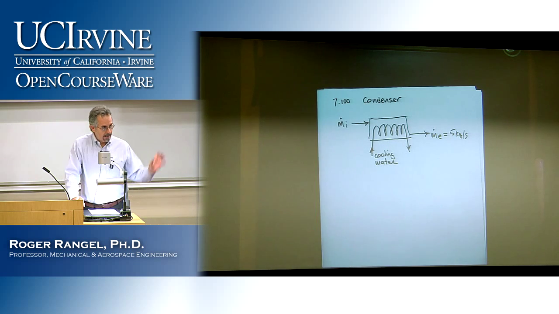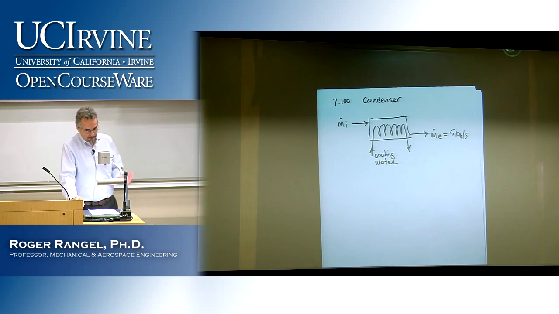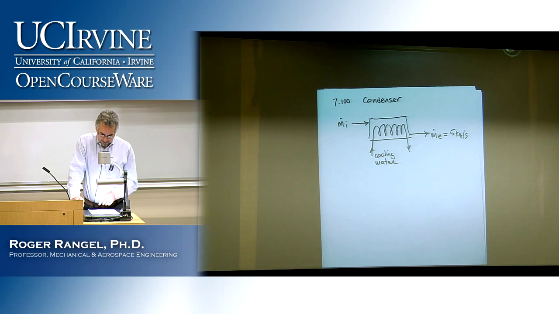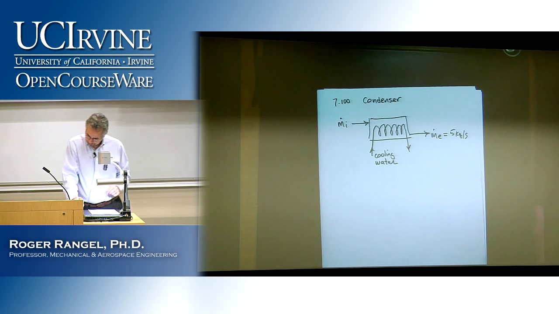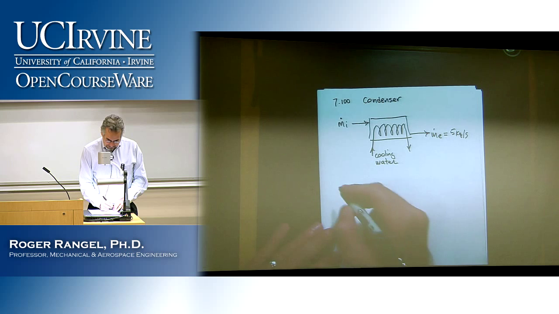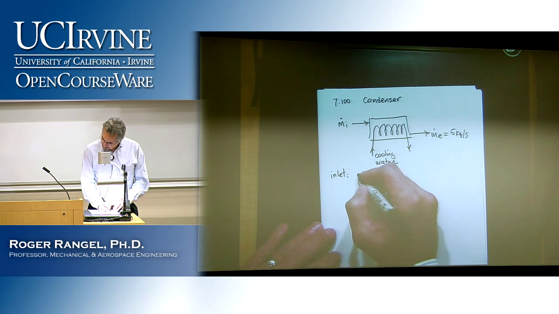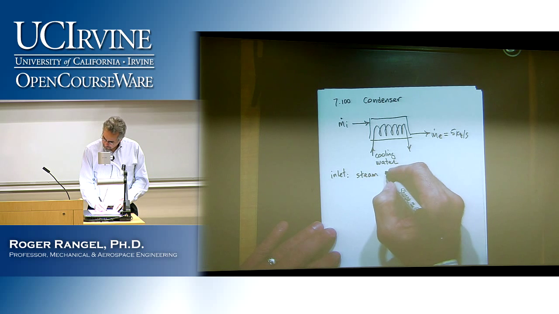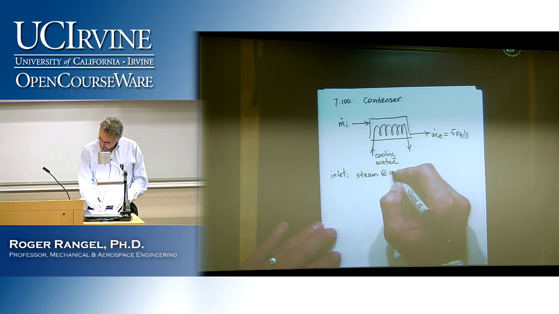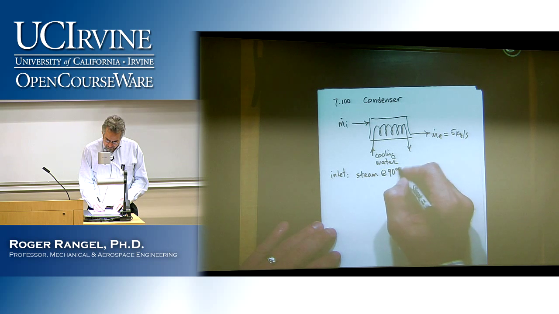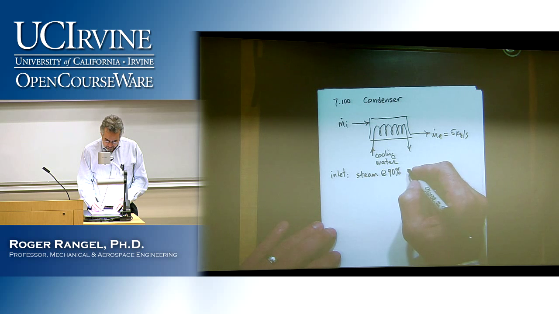So if I'm just looking at my condensing water, then there is one inlet and one outlet. And that's the 5 kilograms per second. And we know that at the inlet, we have wet steam. So it has a quality of 15%. No, I'm sorry. A quality of 90%. 90% quality.